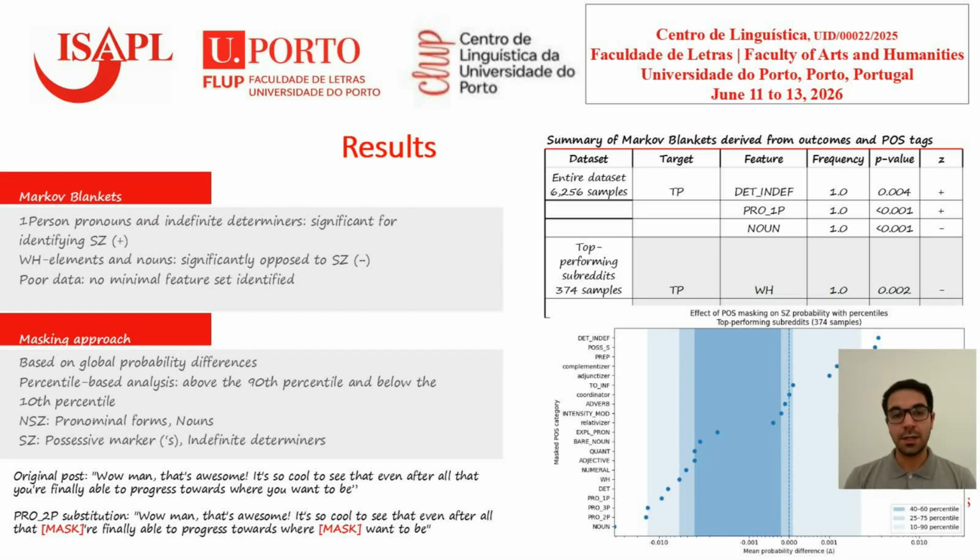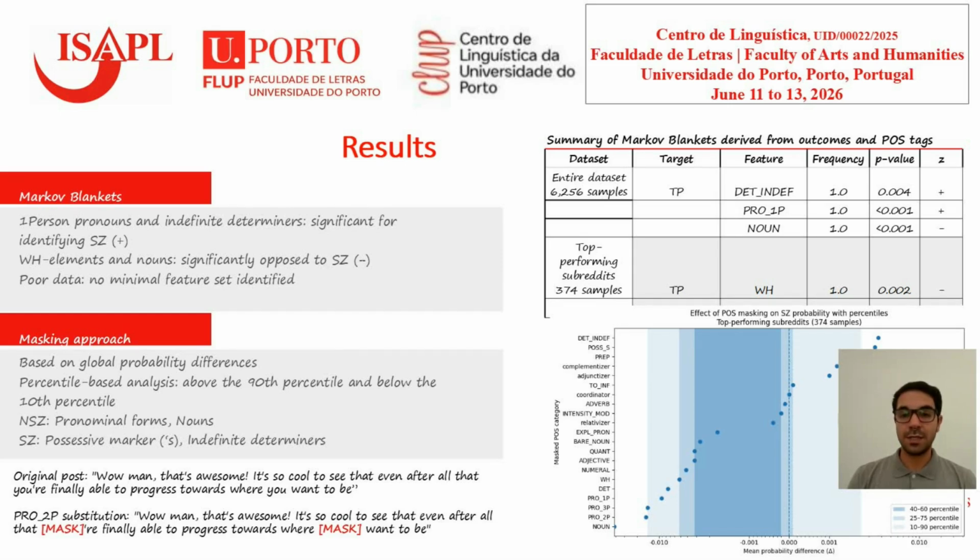We also performed an input masking approach, which was based on choosing a lexicogrammatical category and substituting it in all samples of our test dataset for the mask token, which is the token that was used during BERT's pre-training.